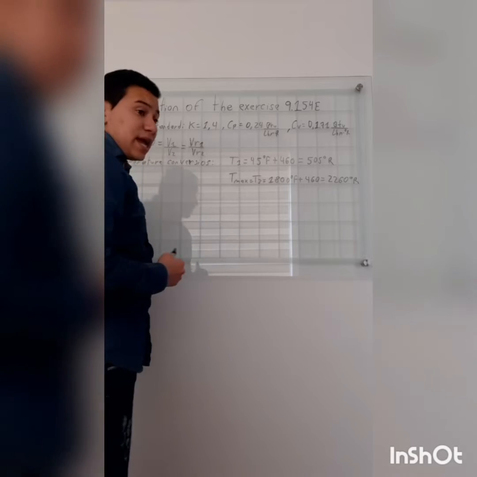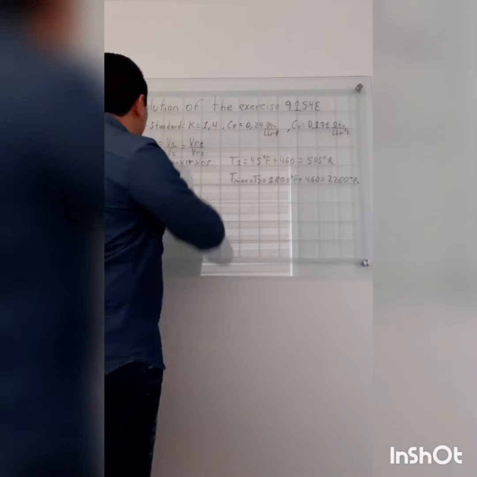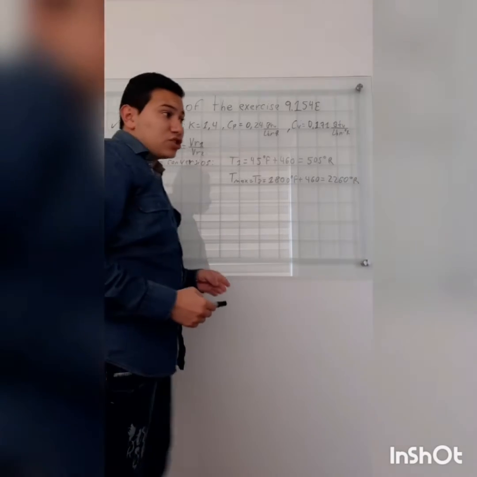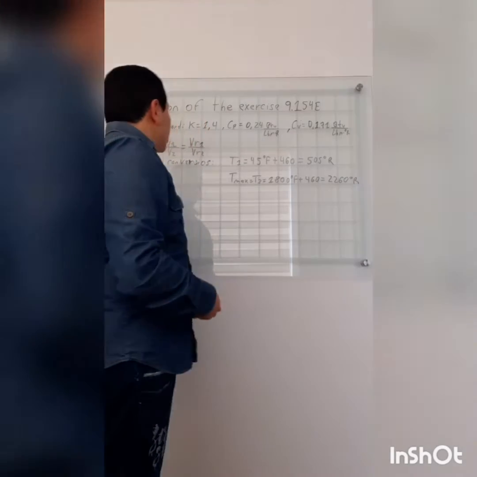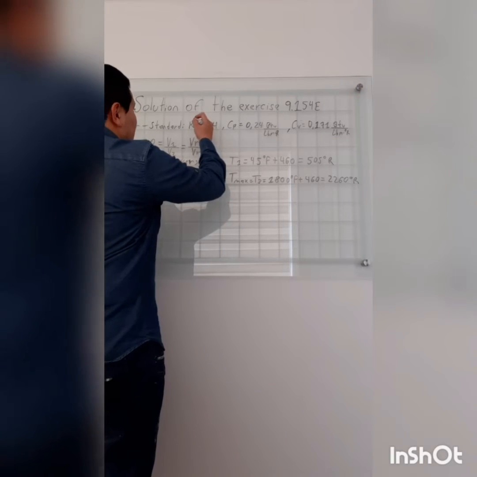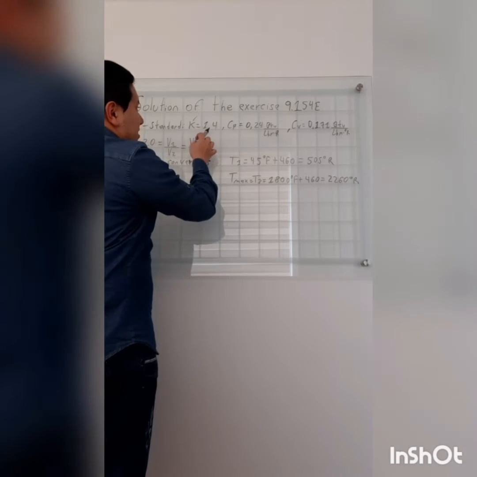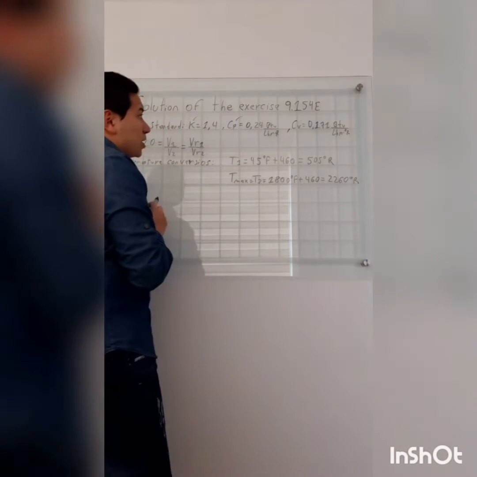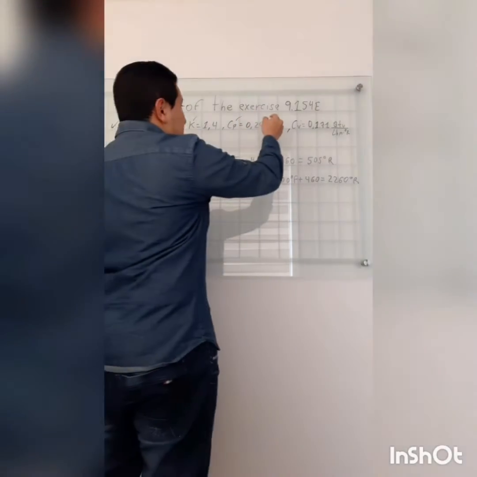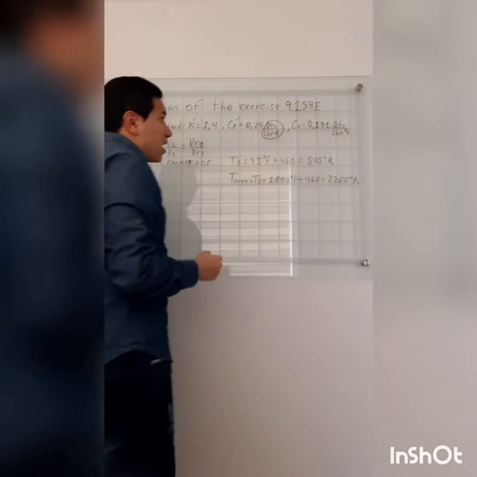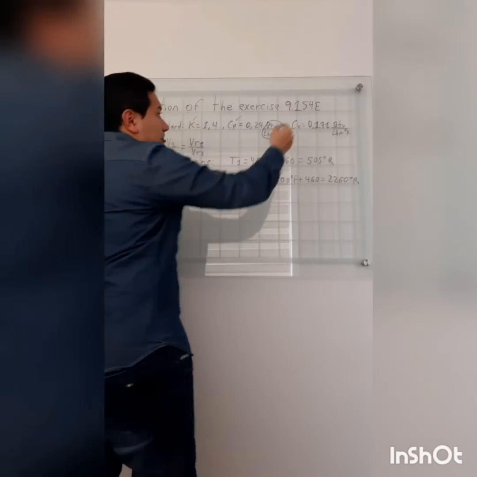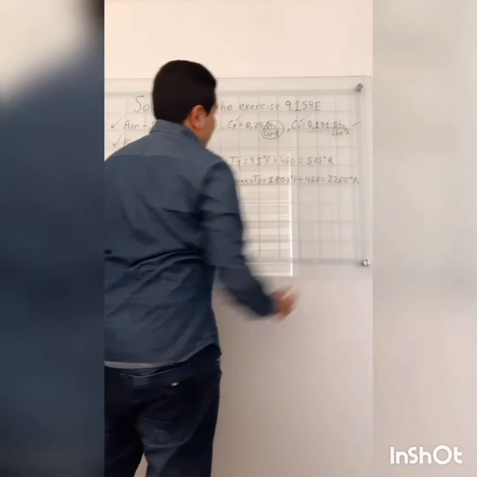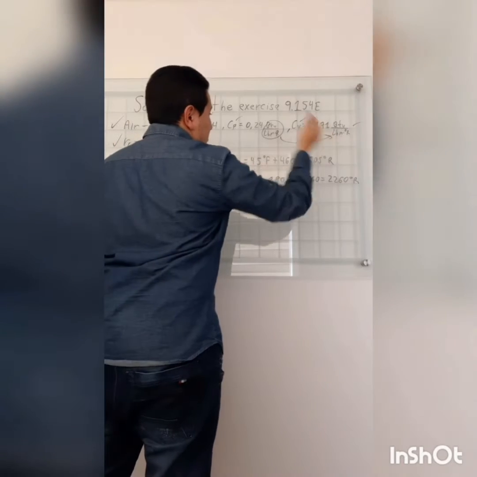In this case, we have a fluid that is air standard with some constants or relations. K is a constant, 1.4, Cp is 0.24. These units are so important. Cv with this value, and the units are the same.